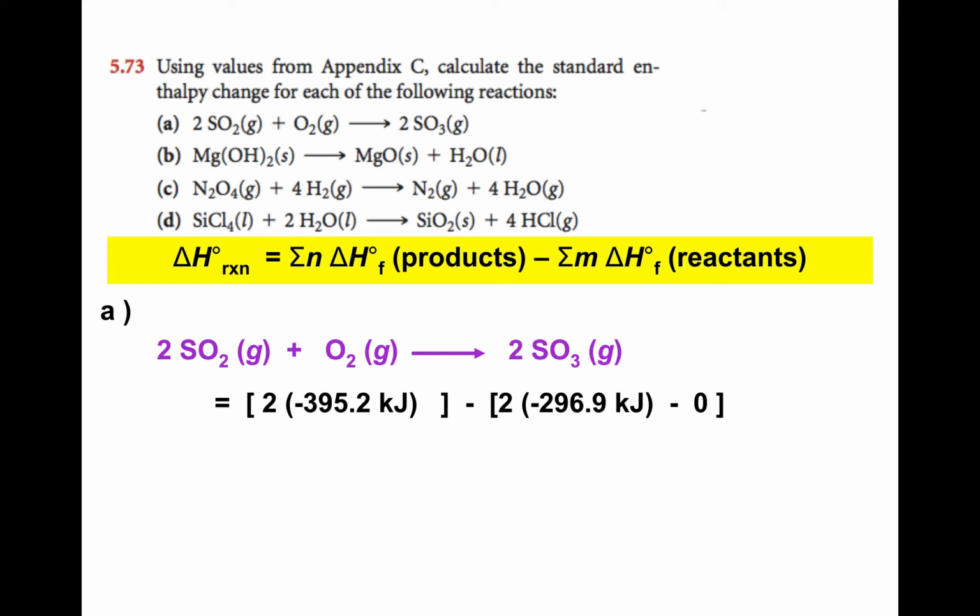So multiply its heat of formation by 2, that's the sum of the products, and then subtract from that 2 times the heat of formation of sulfur dioxide, plus, not minus, let's change that, plus the heat of formation of oxygen. And get the change.